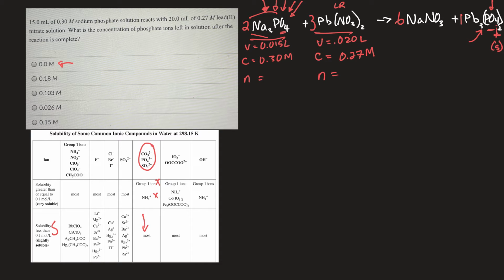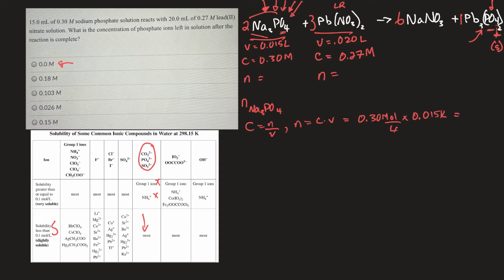So let's find the moles of the sodium phosphate. Okay, so to do that, C is equal to n over V. So n is equal to C times V. So the concentration is 0.3 moles per liter times the volume, 0.015 liters.